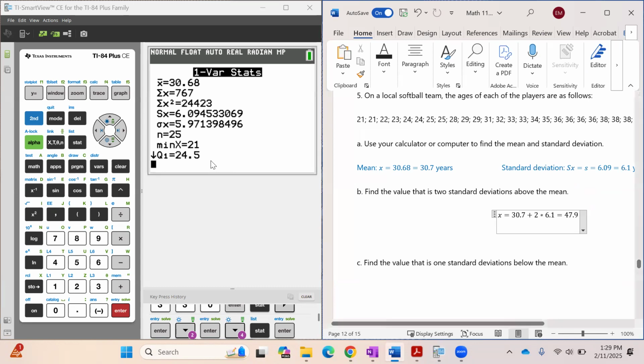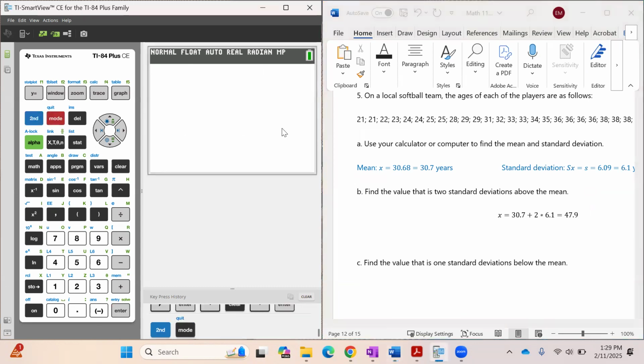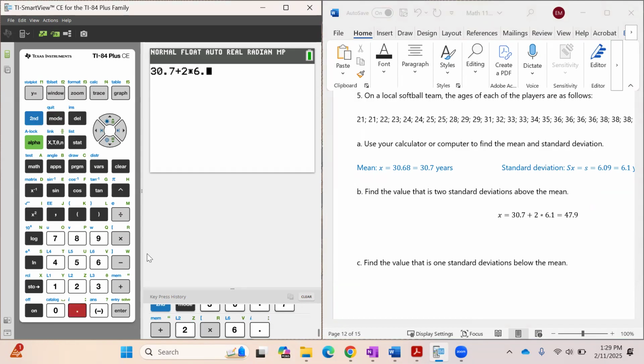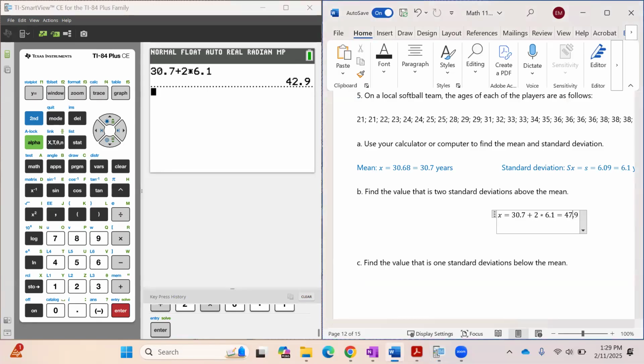Okay, so let's go ahead and quit. So 30.7 plus 2 times 6.1, and that comes out to 42.9. Typed in a 7 on accident. So 42.9.